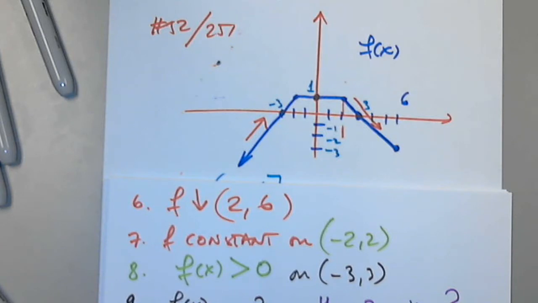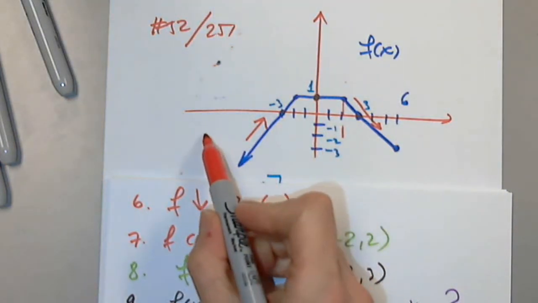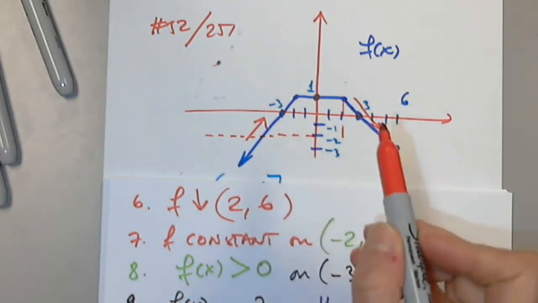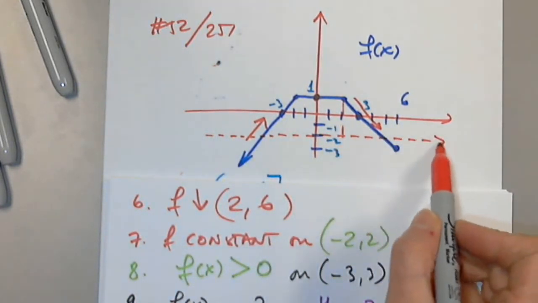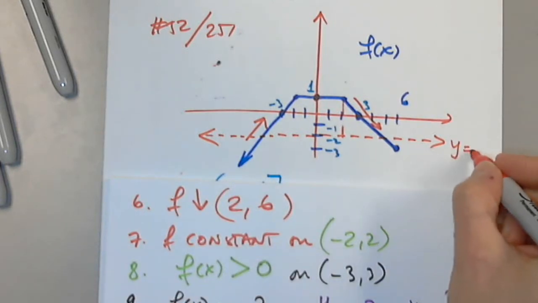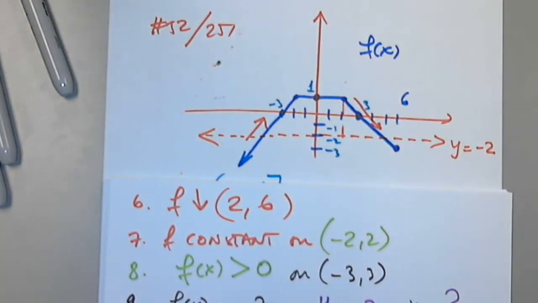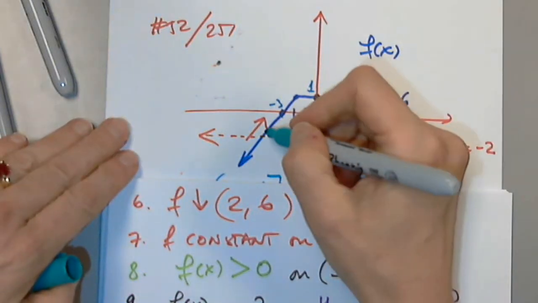What type of line will I have to draw? Awesome, thank you. So it's this line. This is y equals -2. Does this line cross the graph? Yes, in how many points?